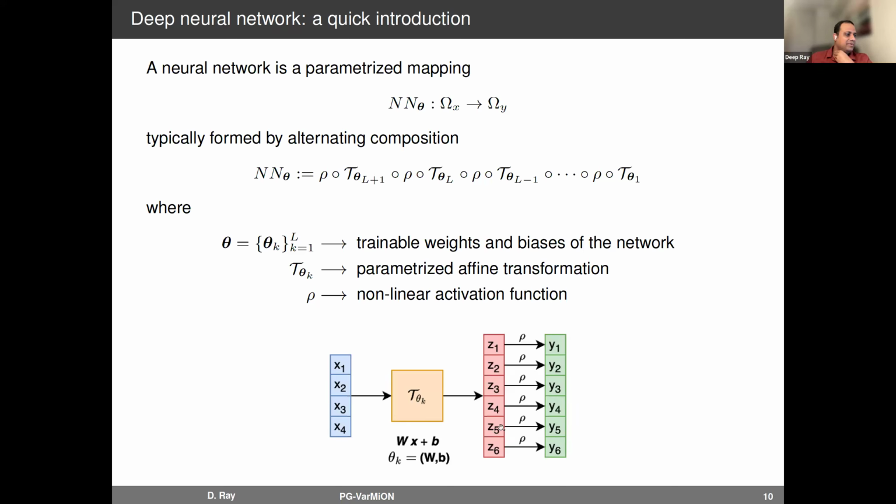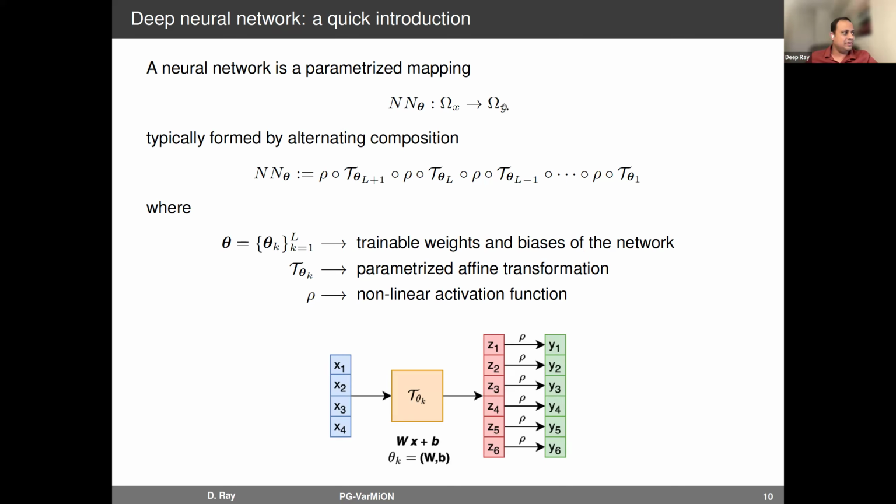Then you would take each component of this vector and apply some nonlinear activation rho on it, and that will give you an output vector of dimension 6. So this is typically what is happening at each level, with an affine transformation followed by a nonlinear activation. And you have a series of these applied one after another until you finally end up with the output of the neural network in the space omega y.